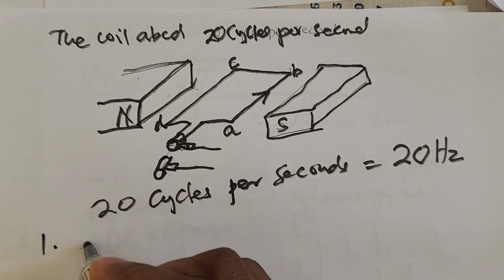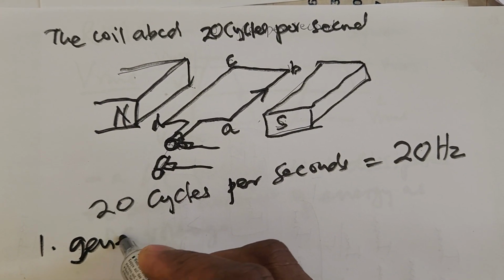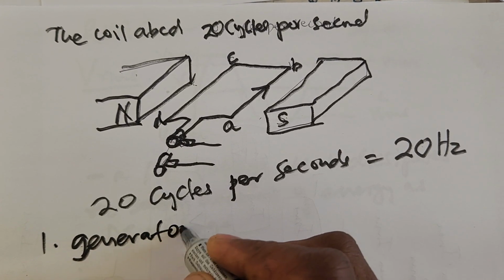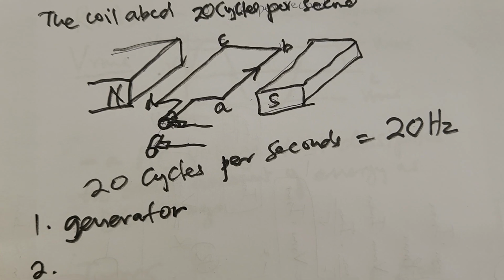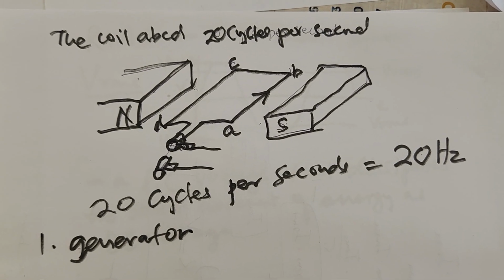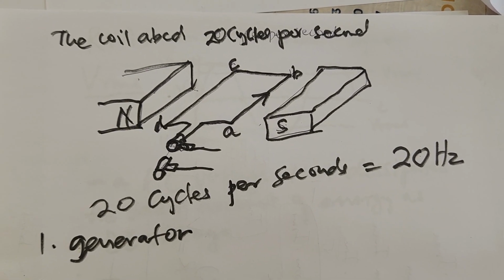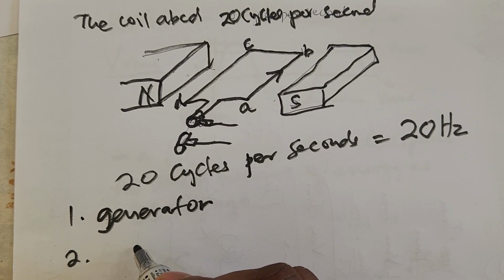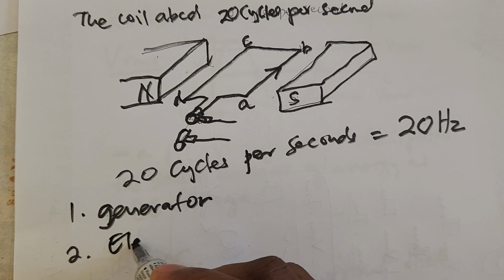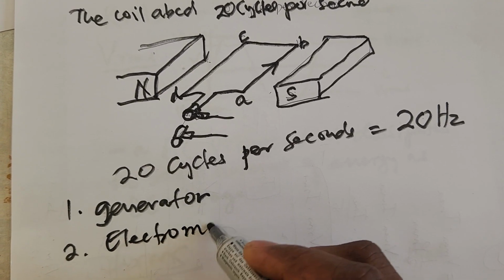That's number one. Number two: name the principle on which the machine operates. We know the principle of generators. It's electromagnetic induction.